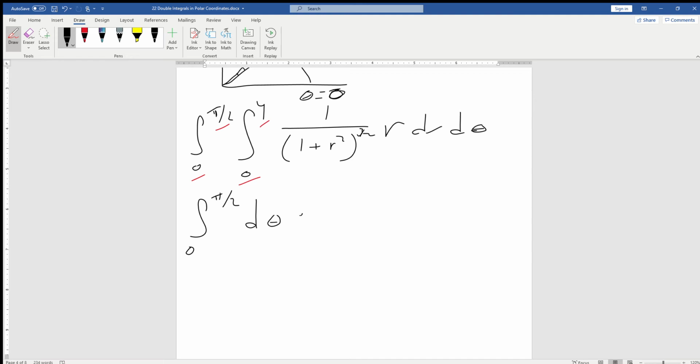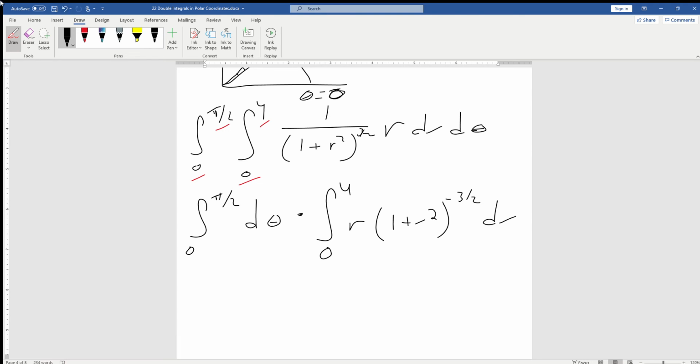Then I multiply that by the integral from 0 to 4 of r times (1 plus r squared), forgot the square in that, so 1 plus r squared to the negative 3/2 power dr.